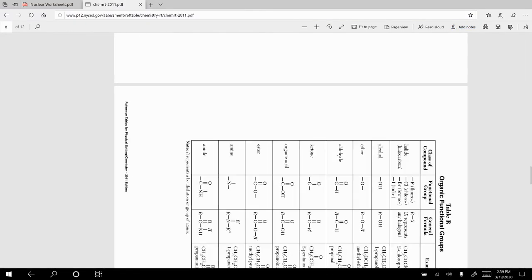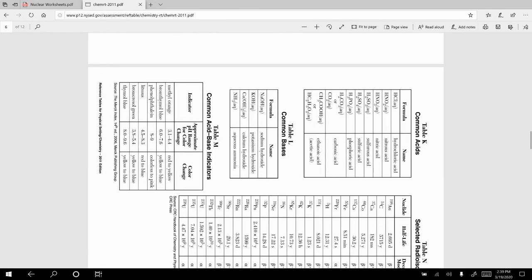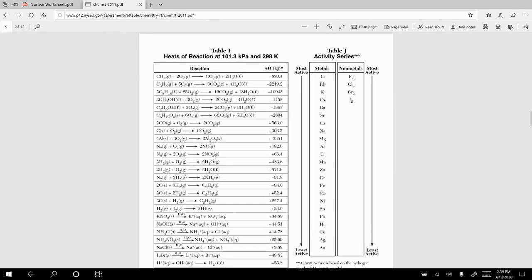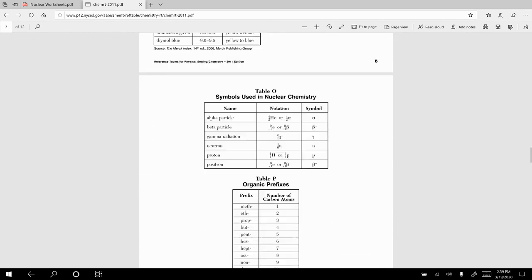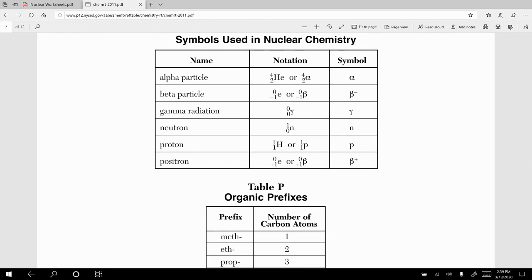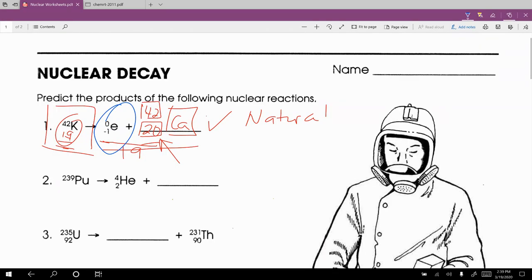Let's make that smaller and flip to Table O. And look, there is that symbol. That's a beta particle. So if this is a beta particle, then this has to be what we call a beta decay. Okay, beta decay. Awesome. Easy peasy.